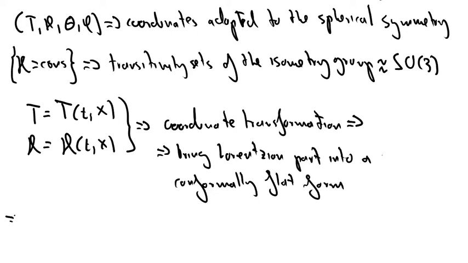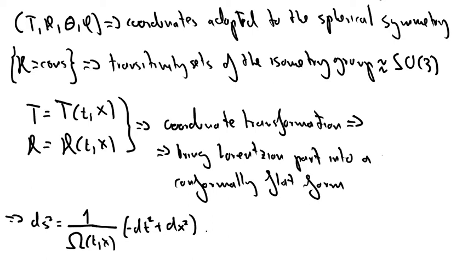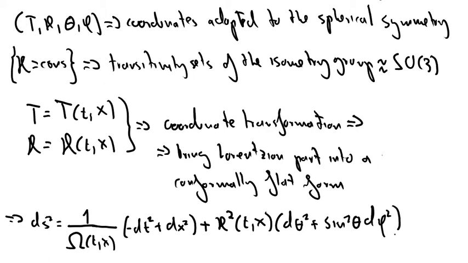Therefore, the metric takes the following form. Now R is a function of the new coordinates, and we have the spherically symmetric part, which we didn't change. Okay, so it remains the same, right?